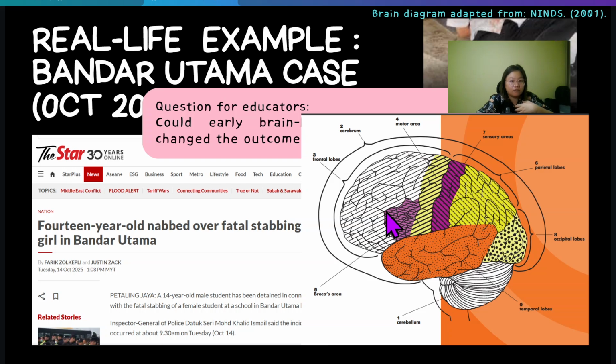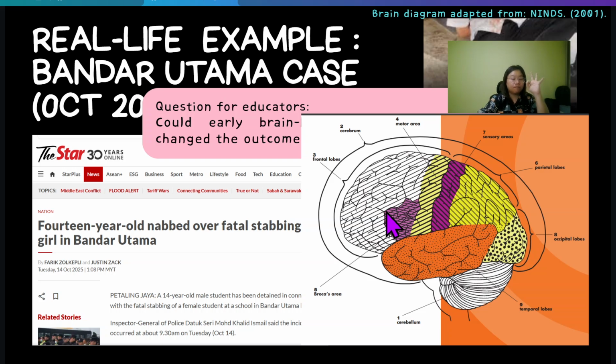Second, the amygdala. If he had experienced chronic stress or bullying, and we don't know for sure, his amygdala could have been affected. Research shows that repeated stress can lead to emotional numbing, where the brain becomes less responsive to emotions.